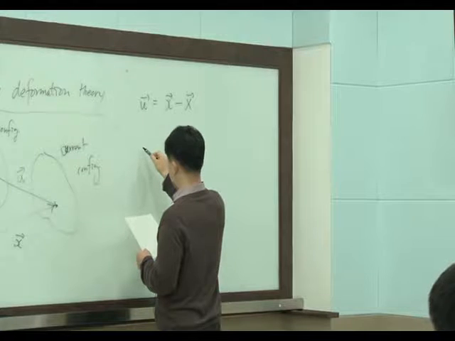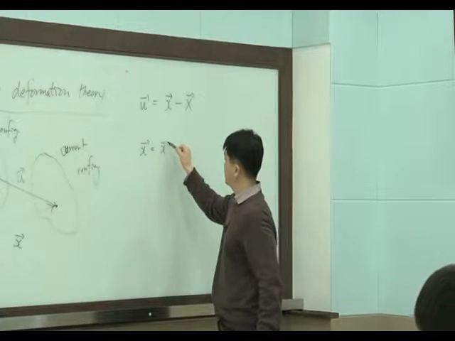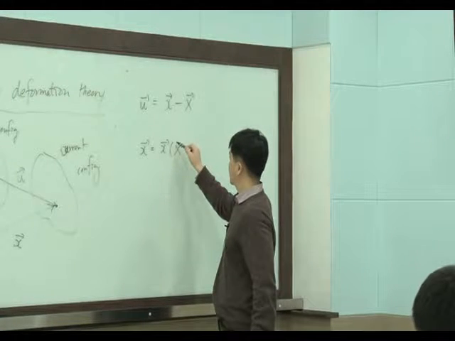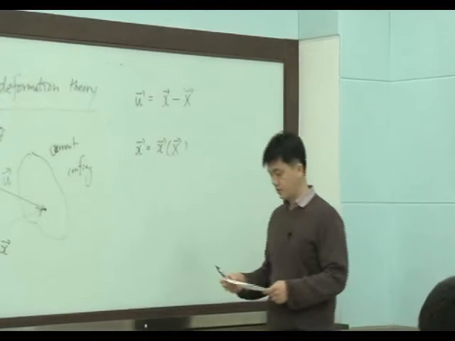And then between the initial and current, there is a relationship of mapping. Okay, I introduced this already.